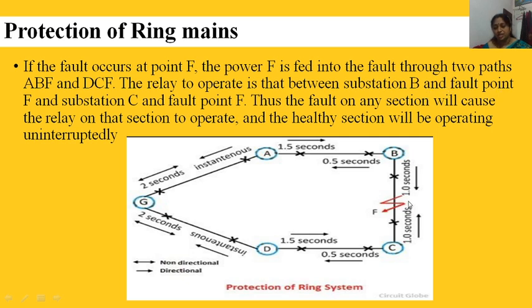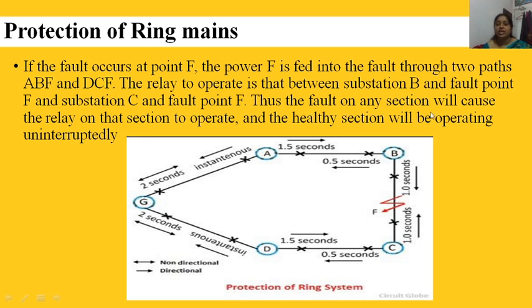If we consider a fault at F, then substation B and the relay which is located at this is feeding power to this fault F, while substation C is feeding power to this fault, C and then F. So these two relays will operate, between substation B and fault point F, and substation C and fault point F.